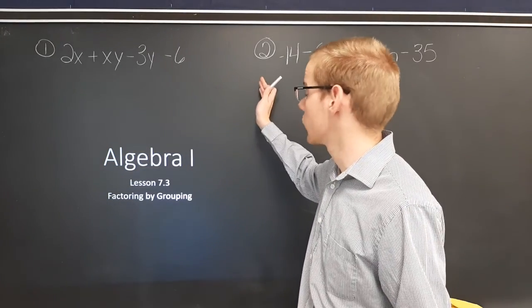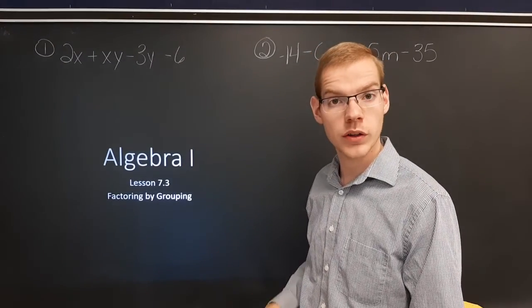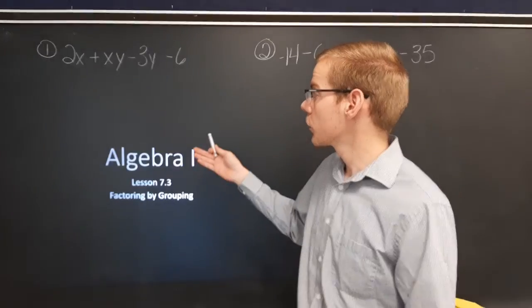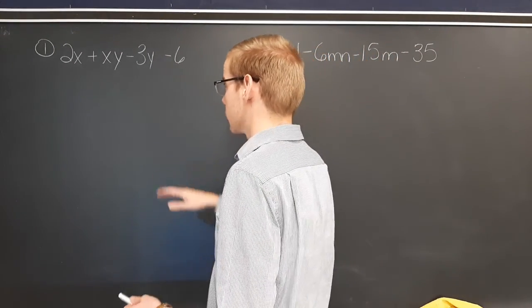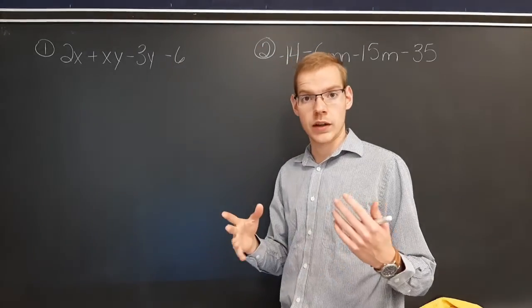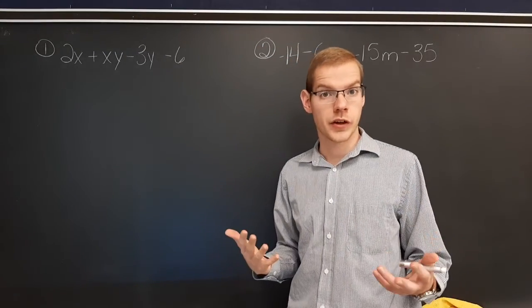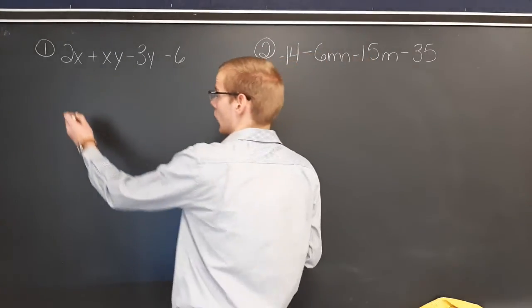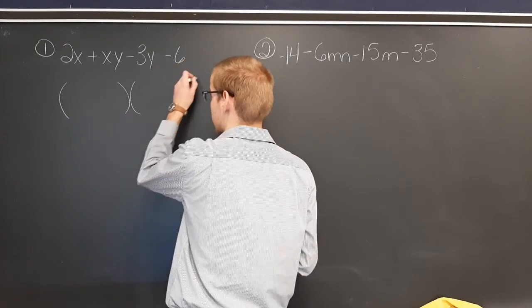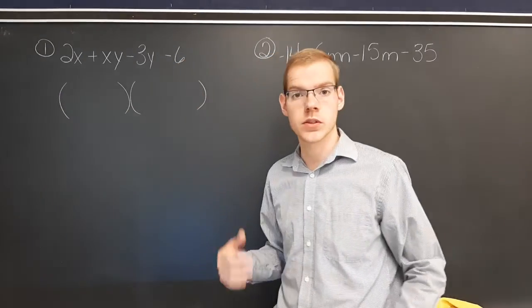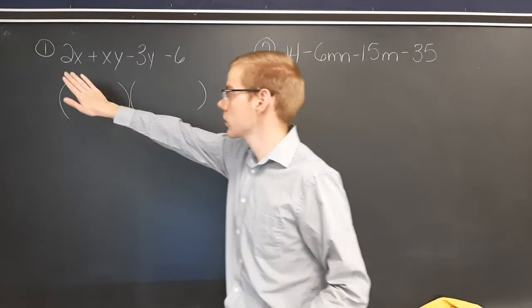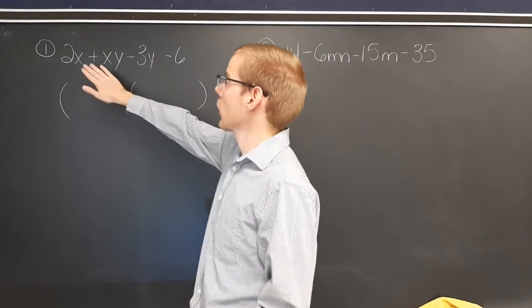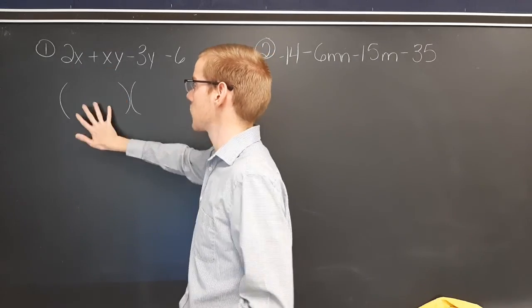These are number 1 and 2, and then we have a second part of the new part. In the first part, basically what we're doing is taking a look at which terms have like variables. We can start off with 2 sets of parentheses, and then say, okay, this one has the same variable as that one, so let's put them in here.